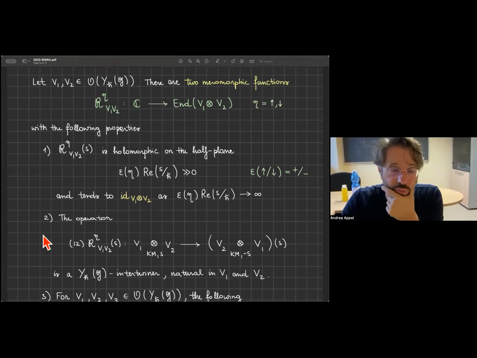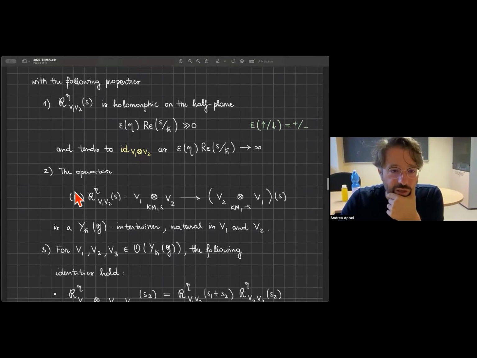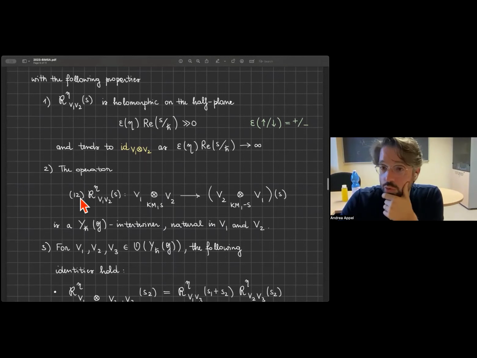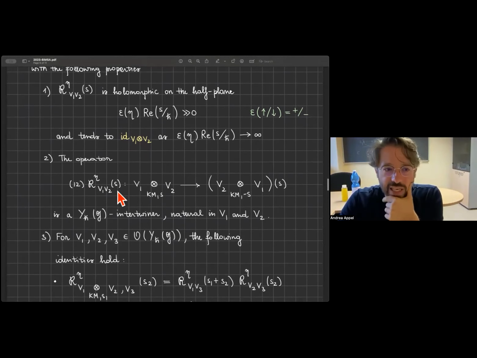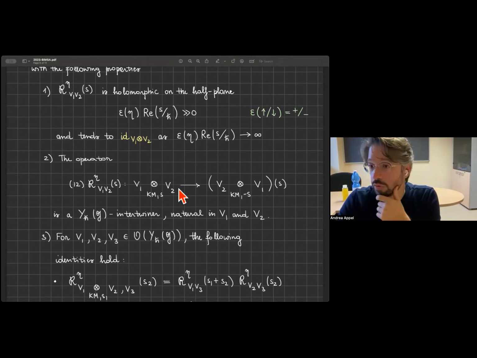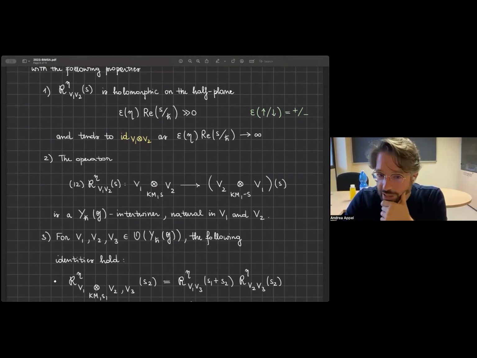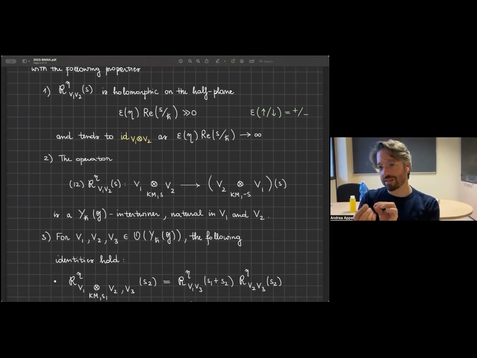And then what does this operator do? So first of all, I can compose the operator with the usual flip, and this gives me in fact a Yangian intertwiner, which is natural in the two representations V1 and V2. That goes from the tensor product V1 tensor S V2 into this guy here. As you will see here, there is a sort of a game.